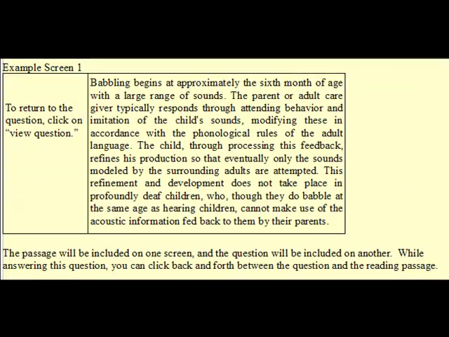The passage states that babbling begins at approximately the 6th month of age with a large range of sounds, that the parent or adult caregiver typically responds through attending behavior and imitation of the child's sounds, modifying these in accordance with the phonological rules of the adult language, and that the child, through processing this feedback, refines his production so that eventually only the sounds modeled by the surrounding adults are attempted.